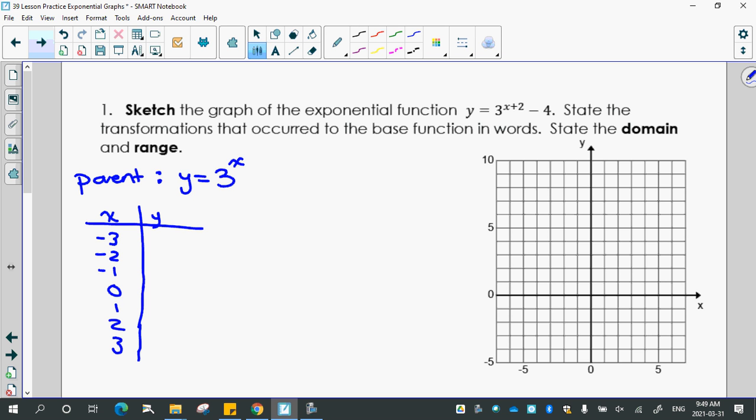All right, so 3 to the -3. You might want to do that on scrap paper or your whiteboard, but 3 to the -3 is 1/3 cubed, which is 1/27.